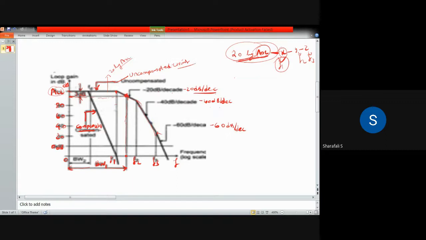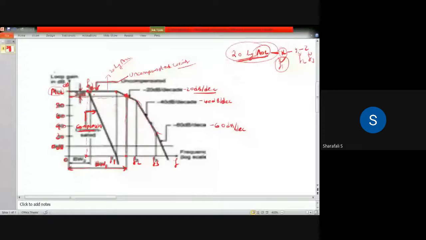So this is your FD here, this point. This is the FD value represented on the frequency axis.